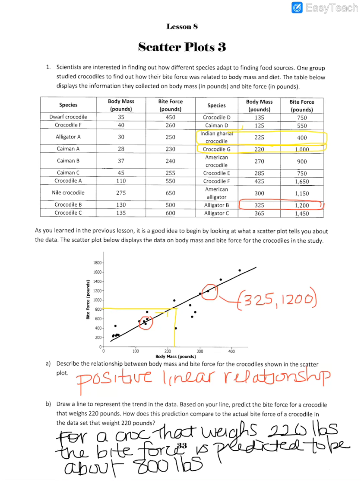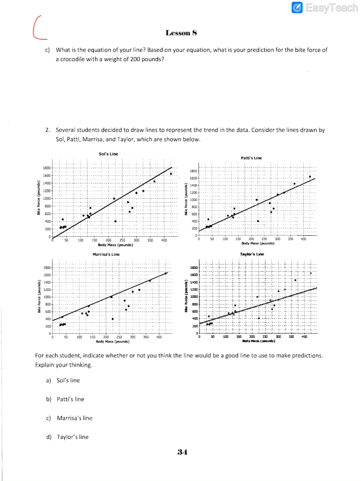So I think I'm going to use this one right here, 130, 500. Okay, so 130, 500, and 325, 1200.